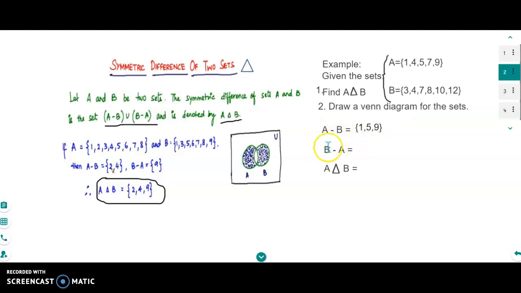And now we continue with B minus A, with this part. So how can we find B minus A?